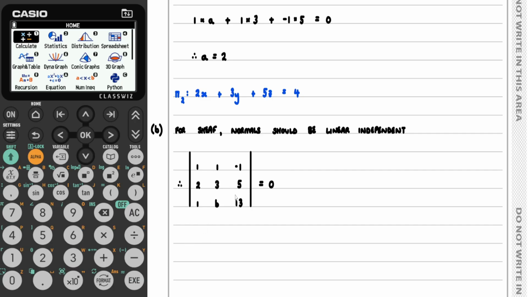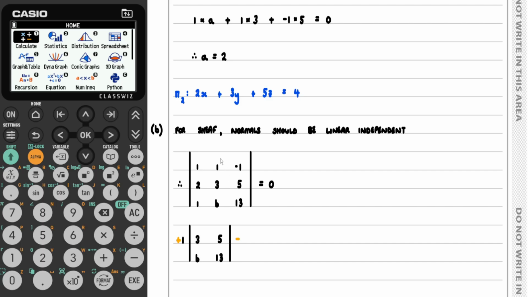So let's work out what this is, and we can do that by expanding along the first row. We have plus 1, then we cover this row and this column, and we will be left with the determinant of 3, 5, b, 13.